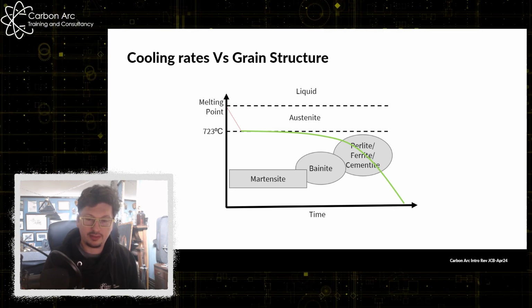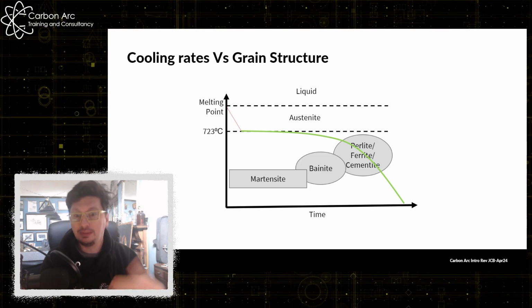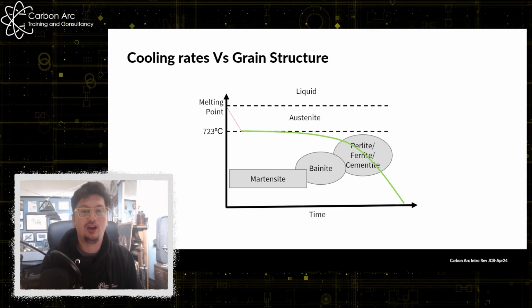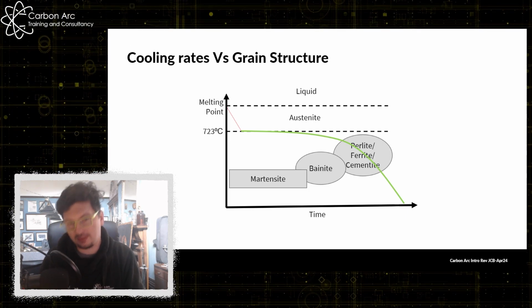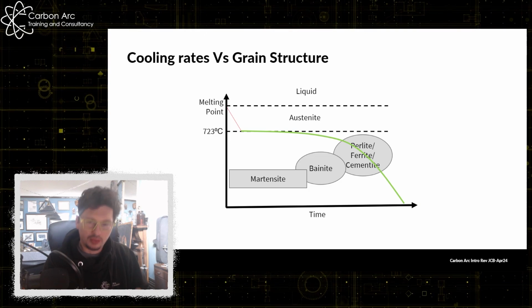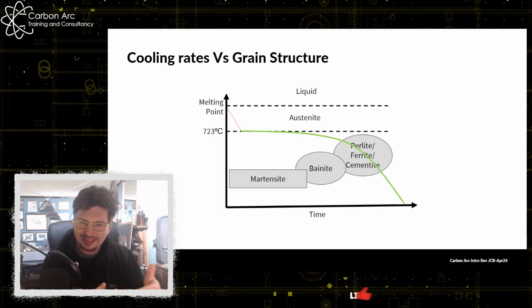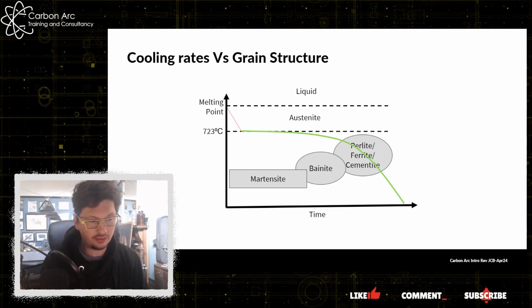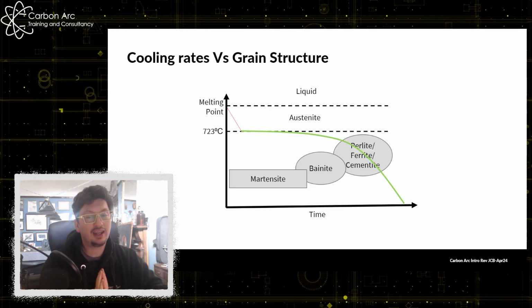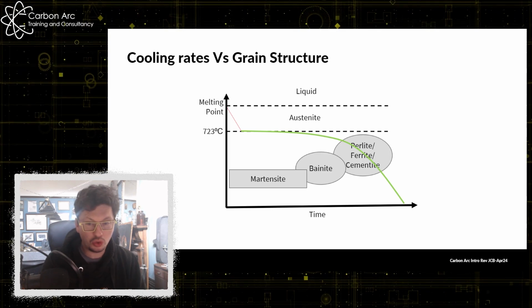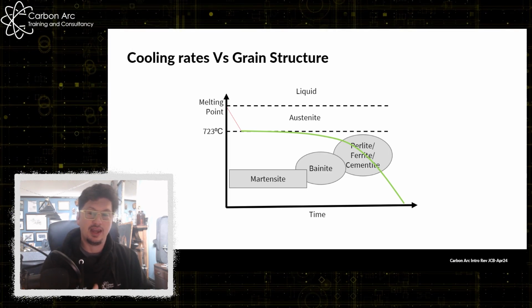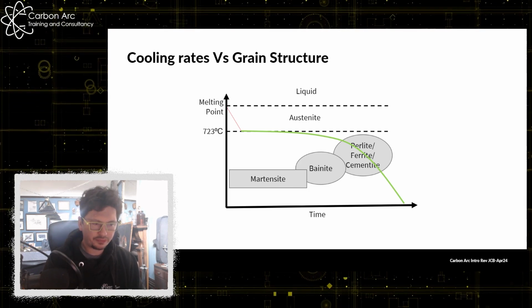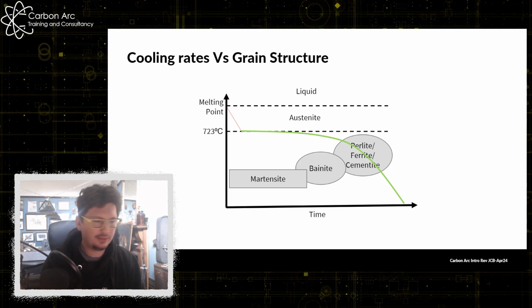It's a logarithmic scale, so it goes up in 10 times values: 1 second, 10 seconds, 100 seconds, 1,000 seconds, etc. So it's difficult to really show you what that temperature would be, and it's different for different steels as well. But generally we say a relatively slow cooling rate. Left to cool in air is maybe a good example of that, and it gets us where we kind of want to be.